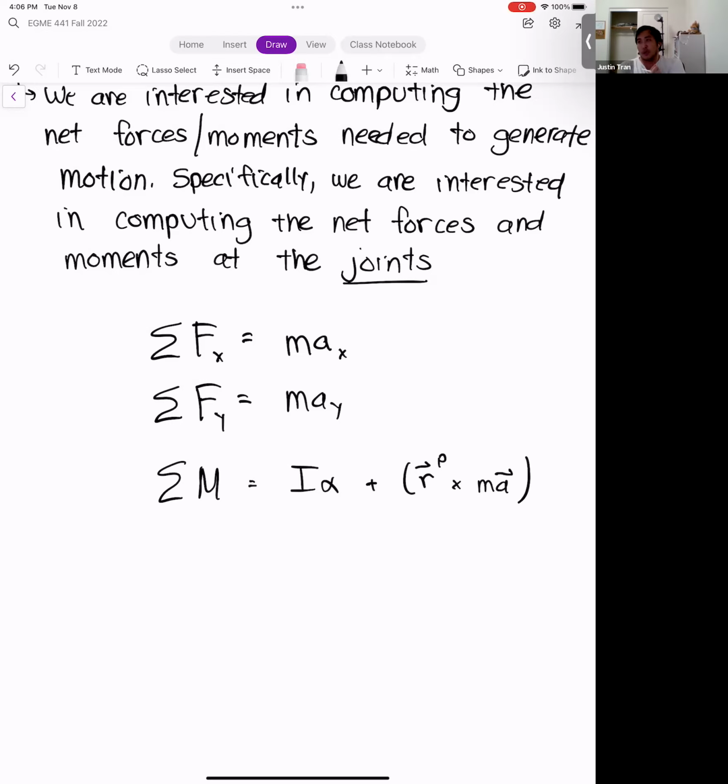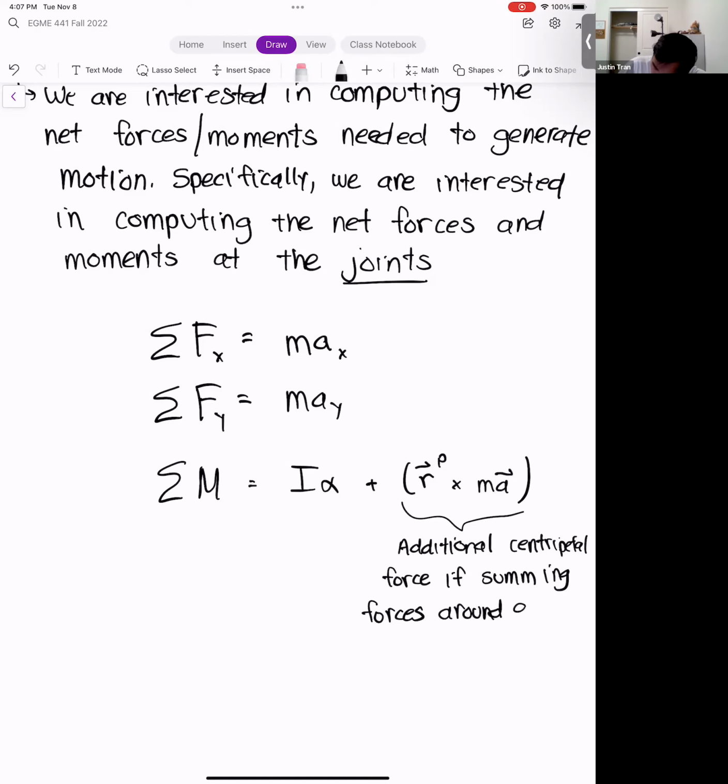That extra term has to do with the fact that, if you sum the moments around a location that's not the center of mass, you have to add some additional centripetal force terms.